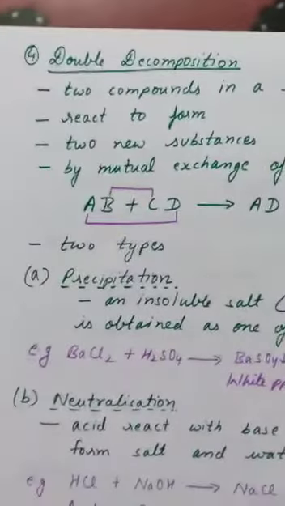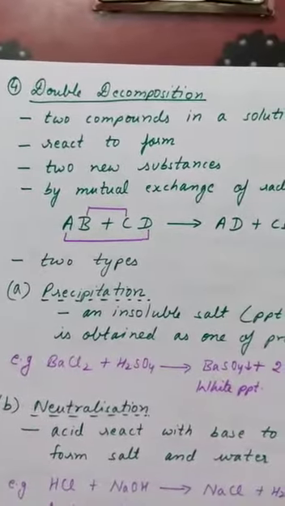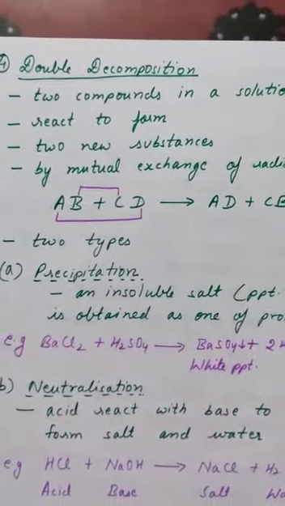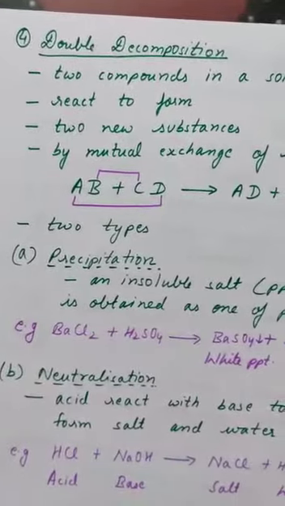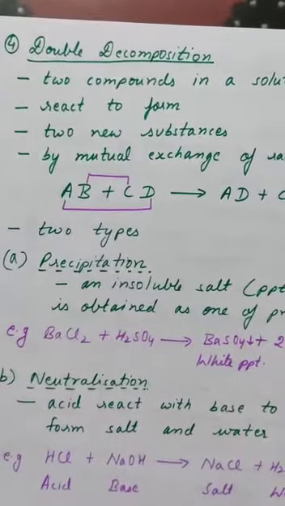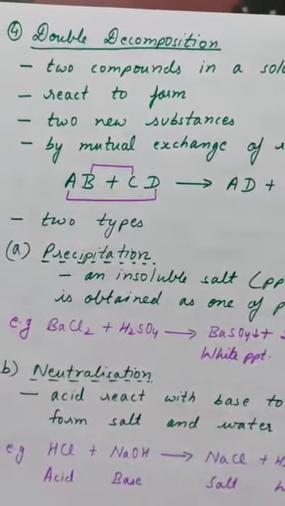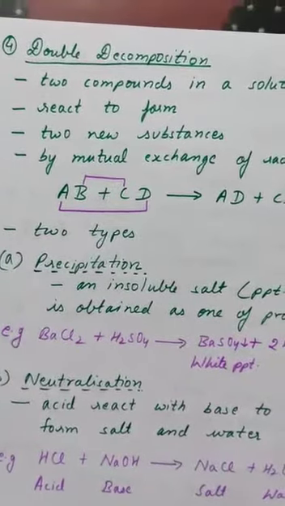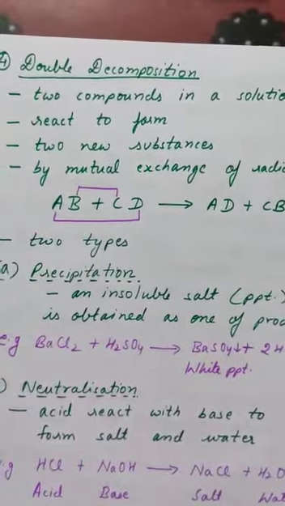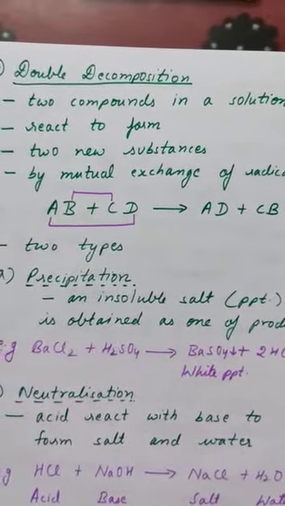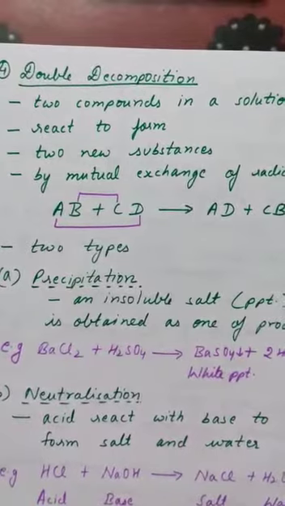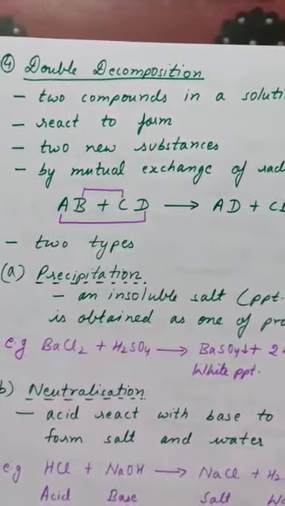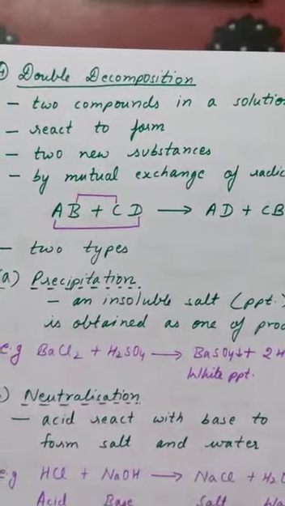Then next is double decomposition reaction. In double decomposition reaction, two compounds in a solution react to form two new substances, and that too by mutual exchange of radicals. We know that in compounds one positive radical is there and the other is a negative radical.